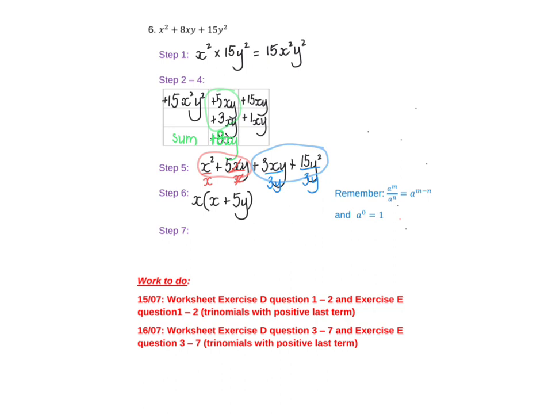So we write it in our next step. Positive 3y is the other group's common factor, and then we see what remains. So in the first term in my second group, 3 divided by 3 is 1, and then y divided by y is 1. So all that remains is x. Then for the second term in this second group, 15 divided by 3 is 5, and y squared divided by y, 2 minus 1 gives you 1.